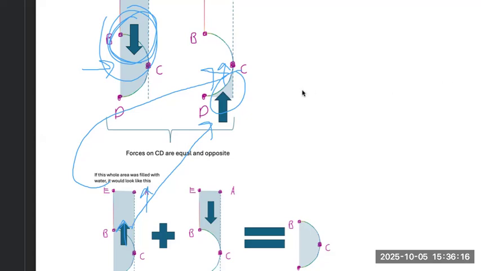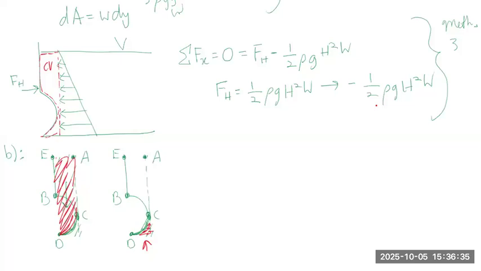So going back to the problem, we know that the vertical force on a curved surface can be represented by the weight of the volume of water above that surface. So we can consider volumes.